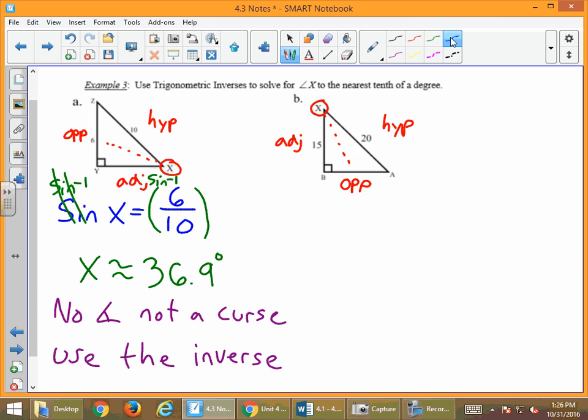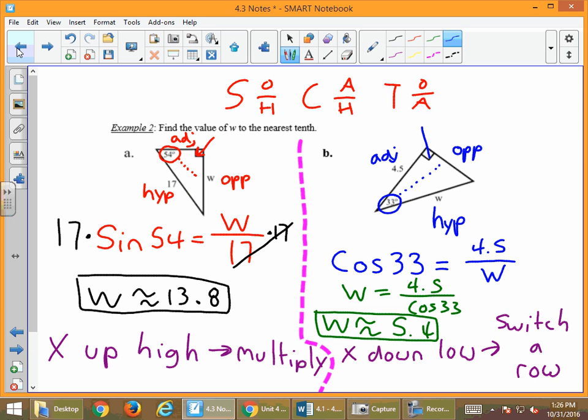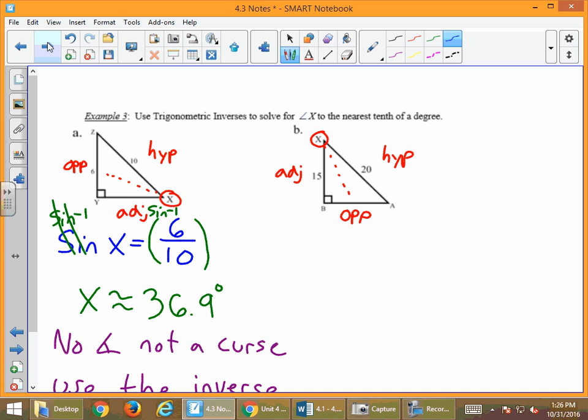So then I got to think, which one deals with adjacent and hypotenuse? The C. Not the hat. This is the cosine. So this is going to be a cosine of the angle. What angle do I have? X. I don't have the angle. So x is equal to the ratio, Juan said, adjacent over hypotenuse, 15 over 20.